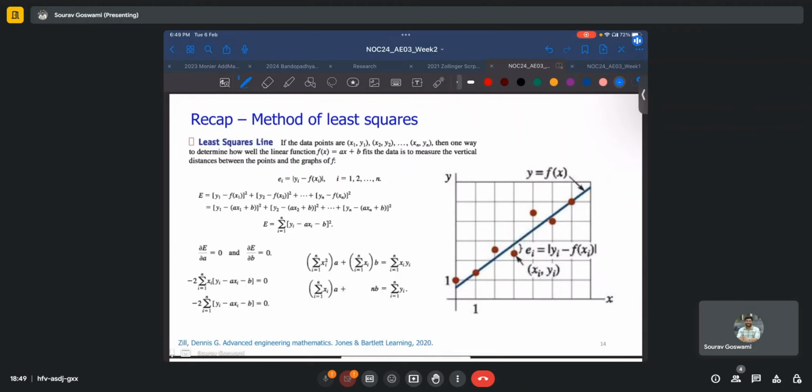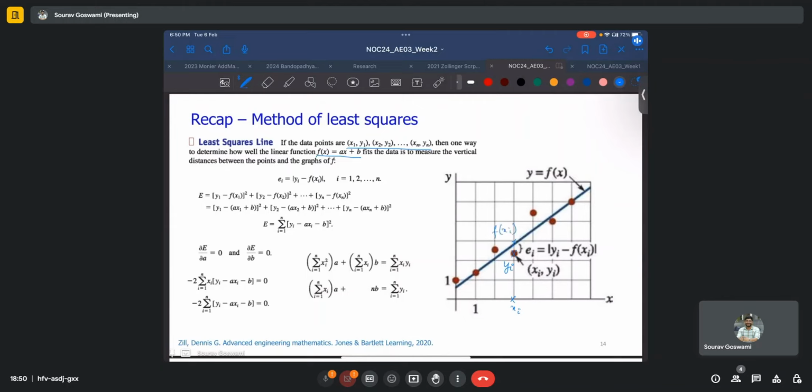So given a few data points such as x1 y1, x2 y2, up to xn yn, we try to fit a line such as y equals mx plus c, or f(x) equals ax plus b, and the way to optimize this fit is to minimize the error. For every xi, we have a corresponding yi, which refers to the actual given value, and you evaluate your function at this point.